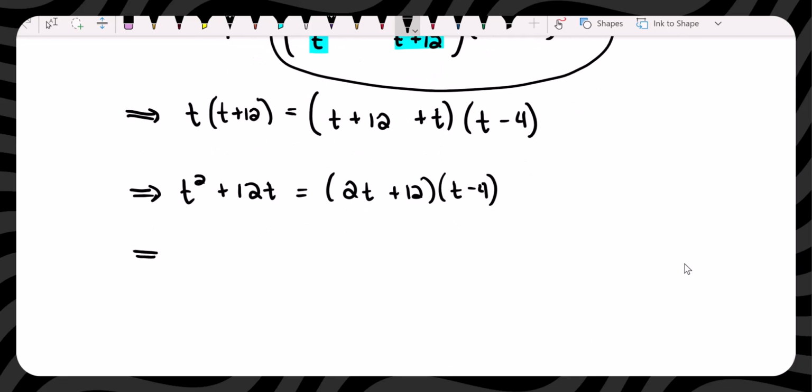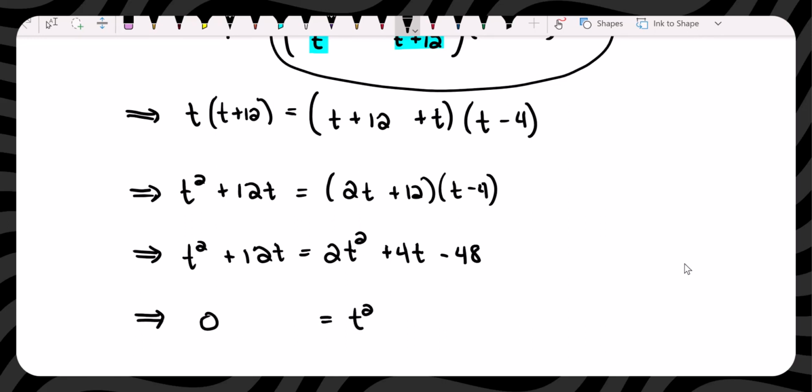Cleaning up that right-hand side, t squared plus 12t is equal to 2t squared, let's see, minus 8t plus 12t, so that's plus 4t. Let me just make sure, minus 8t plus 12, yep, that's plus 4t, and then minus 48. Moving everything over to the right-hand side, we'll get t squared minus 8t minus 48.